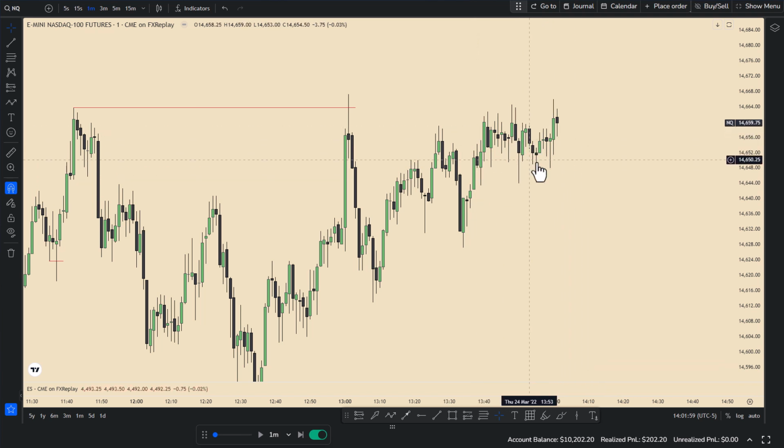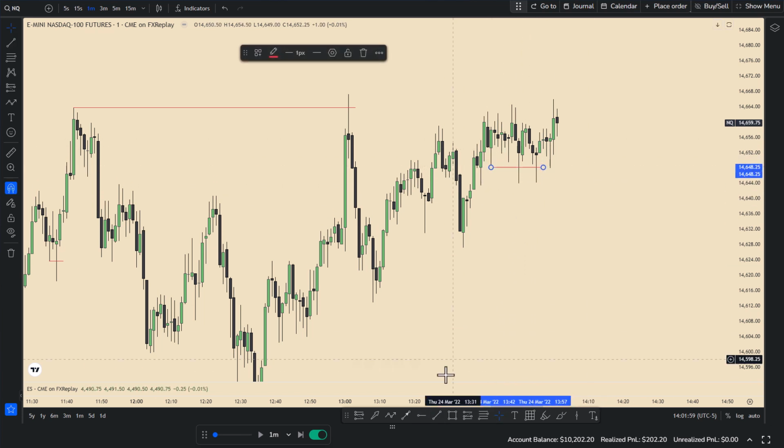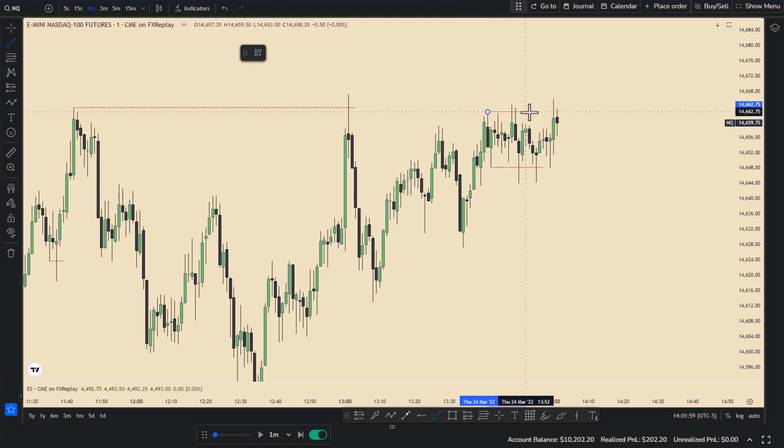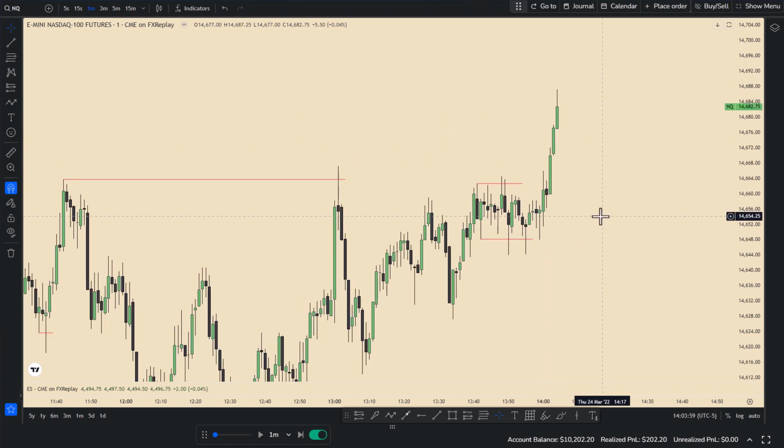For example, this one, I know that I'm gonna get cooked if I try to apply my strategy. This is clearly a range. We see sweeps on every single direction, right? So it's better to wait.